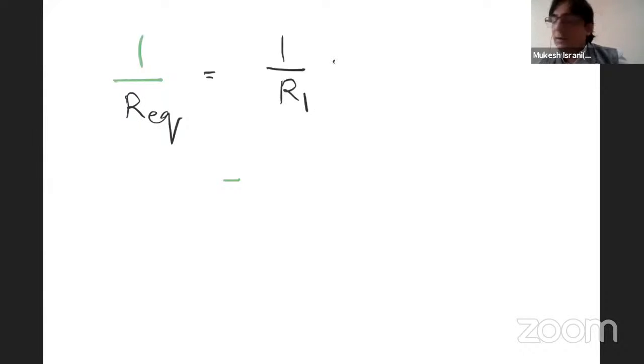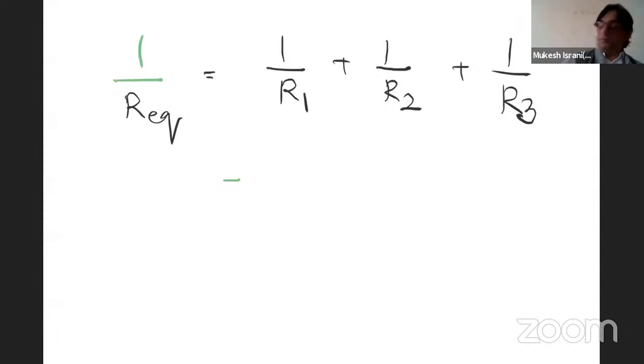So I'll also write it. The equivalent resistance will be given as 1 upon R equivalent equals 1 upon R1 plus 1 upon R2 plus 1 upon R3, right?